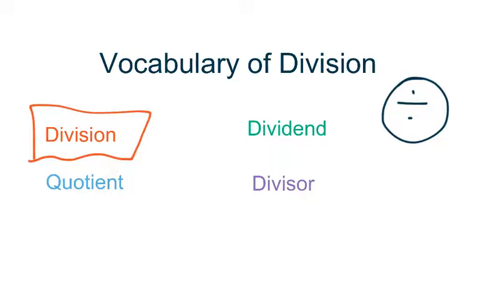Division is an operation just like addition, subtraction, and multiplication. It's the fourth operation we're learning about, and it's division. It's an operation that finds how many things are divided equally into groups, which we did yesterday. We did 4 divided by 2.